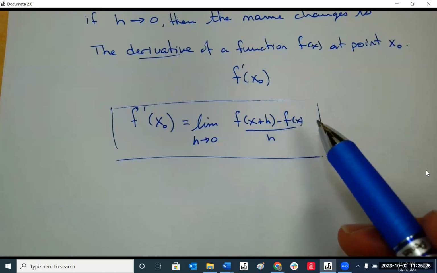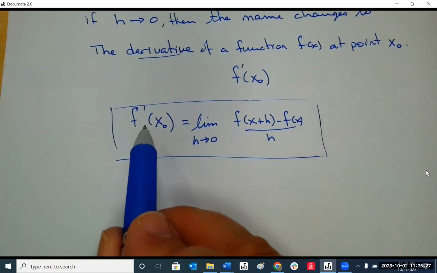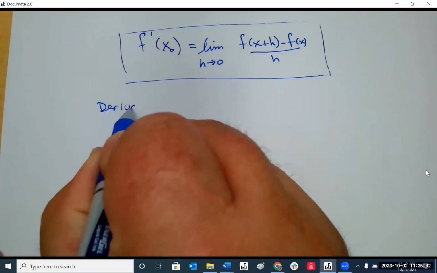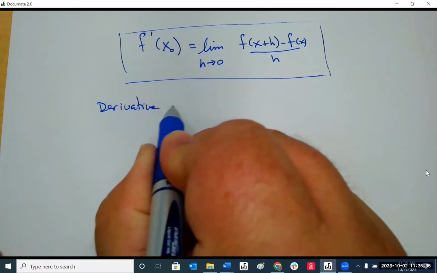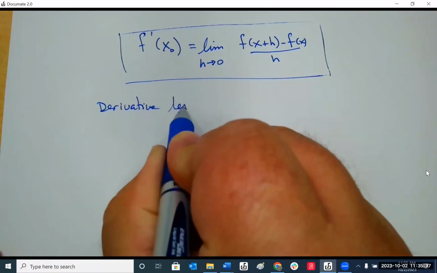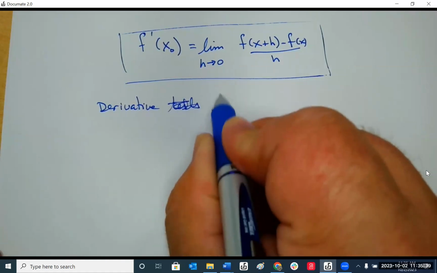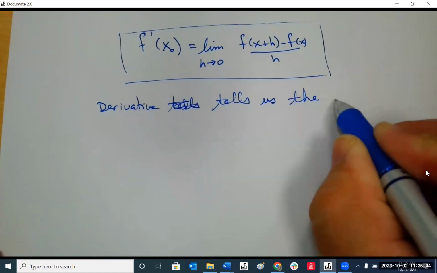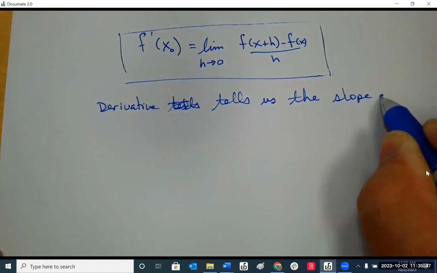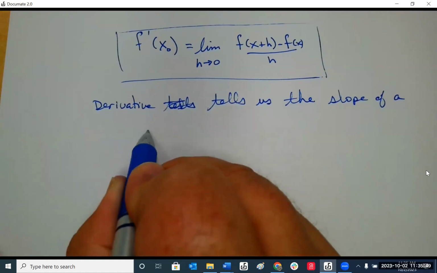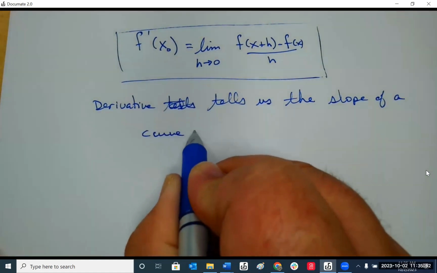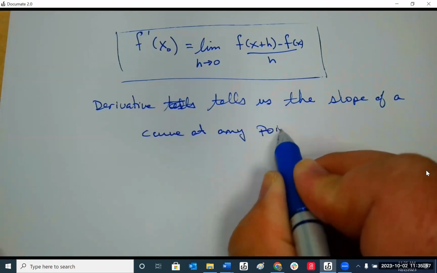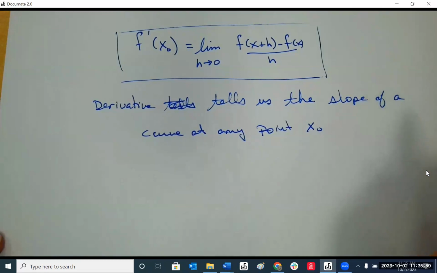because this gives us the slope of a curve at a given point, which is what the derivative tells us. So the derivative tells us the slope of a curve at any point x sub 0.